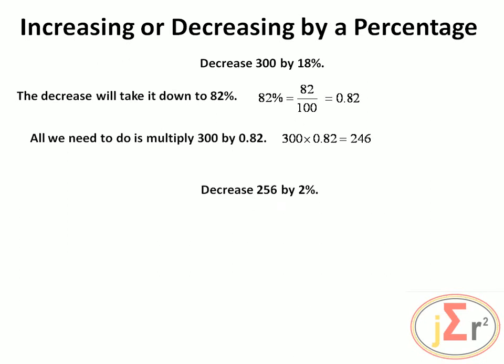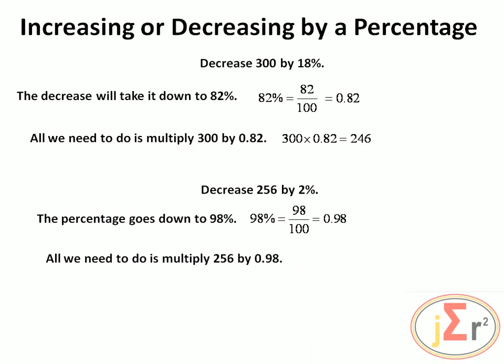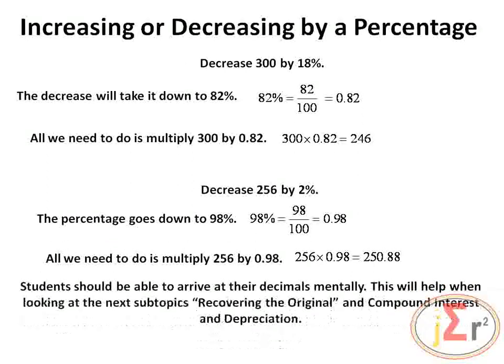Decrease 256 by 2%. If we're going to decrease by 2%, let us work it out mentally first. 2 from 100 is 98. Divide by 100, 0.98. So we multiply 256 by 0.98 in one line, and that is what we'll get for our answer. Let's see. 256 multiplied by 0.98, and that is all there is to it.